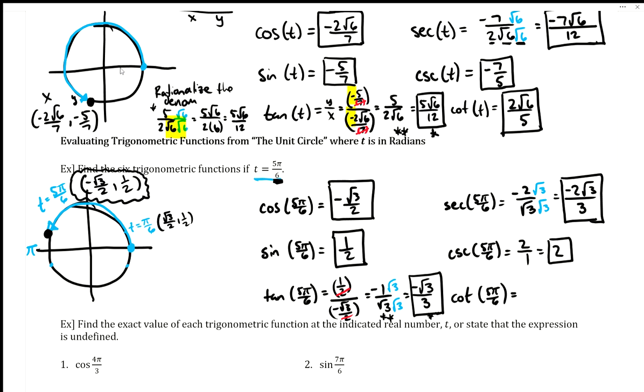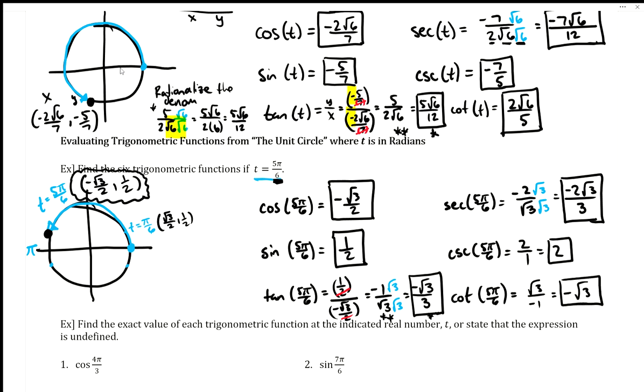Flipping the double starred one would save us time, giving us radical 3 over negative 1. Again, I don't need to show a 1 in a denominator, and the negative I can move to the front. So negative radical 3 is the answer.